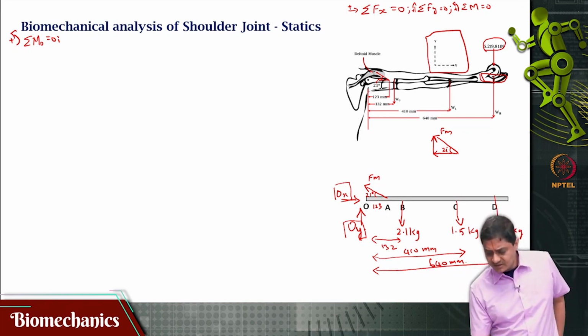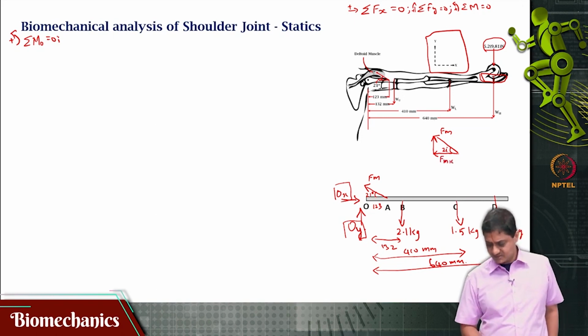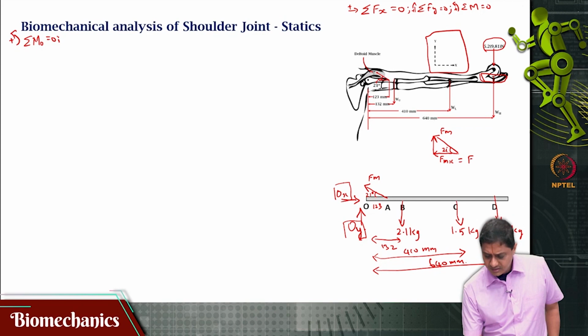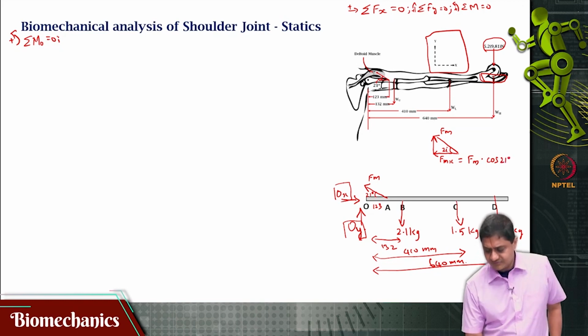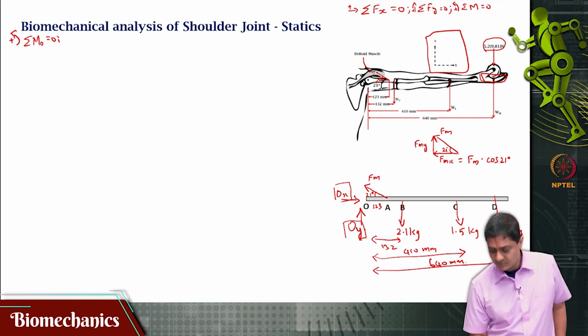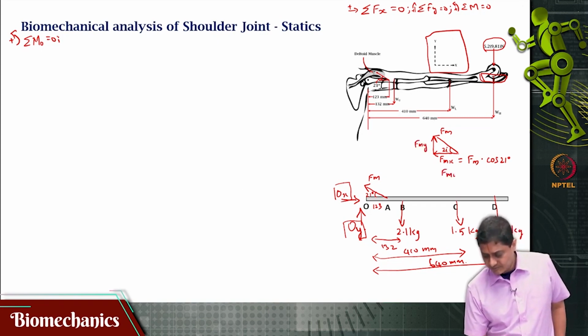And I am going to call this Fmx. That would be Fm cos 21 degrees, is it not? And Fmy would be Fm sin 21 degrees.